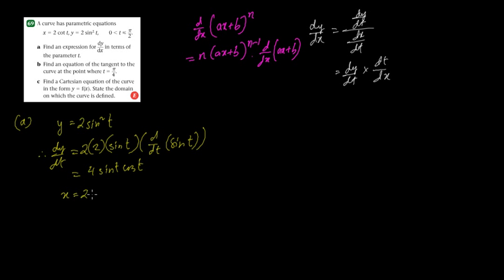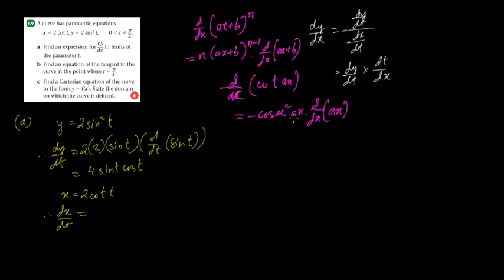Next we have x equals 2 cot t, so we have to do the derivative. d by dt of x is dx by dt. Now if you remember from C3, d by dx of cot ax is minus cosec squared ax into the chain rule, the derivative of the angle.